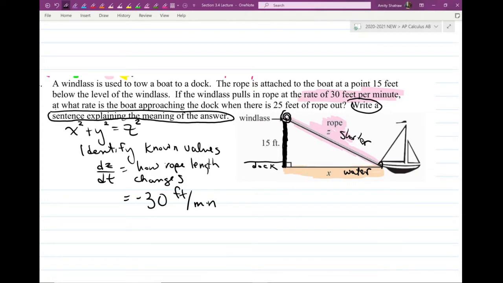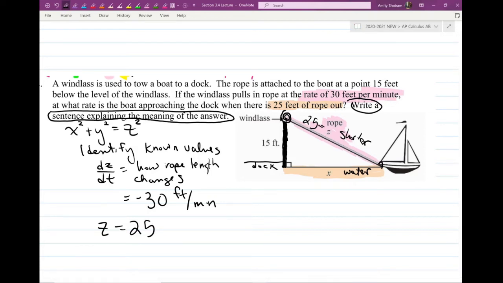So what else do I know? Well, there's another number here, because we read this problem, and there's 25 feet of rope that is out. Doesn't that mean that I actually know that Z equals 25? Right here. If there is 25 feet of rope that is out, what's the relationship between the 25 and this negative 30?